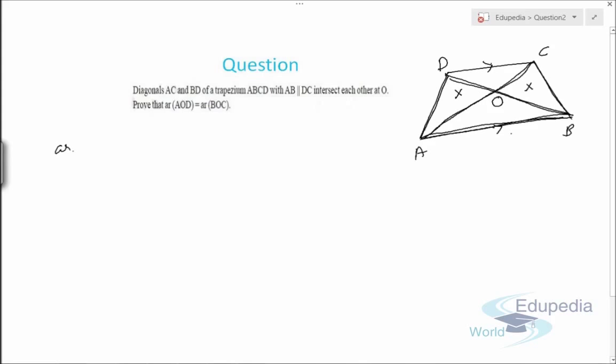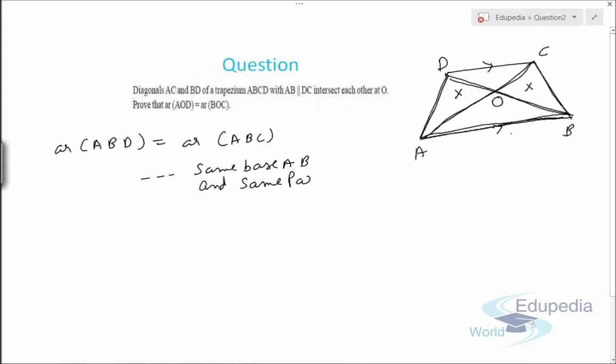So we can write area of ABD equals area of ABC. Why? Because they have the same base AB and the same parallel lines, CD is parallel to AB, right?